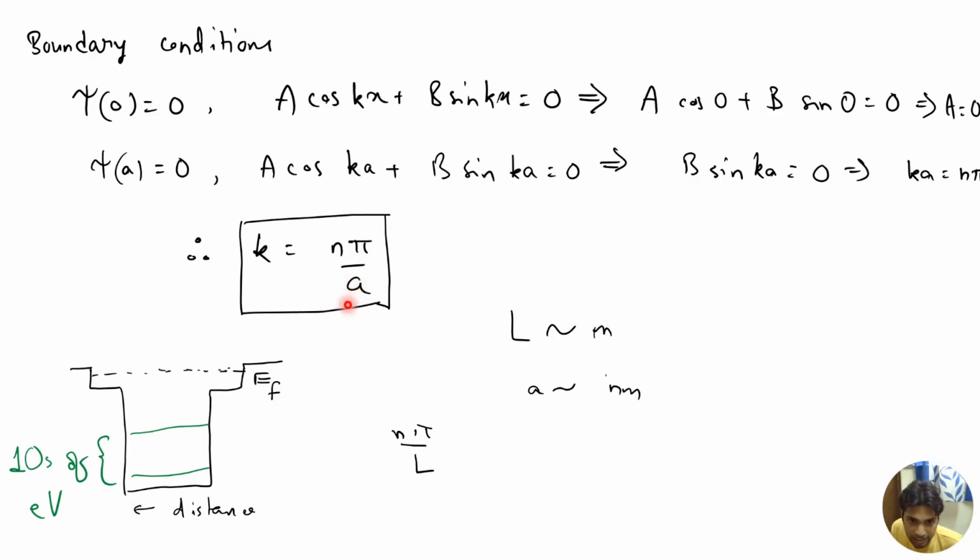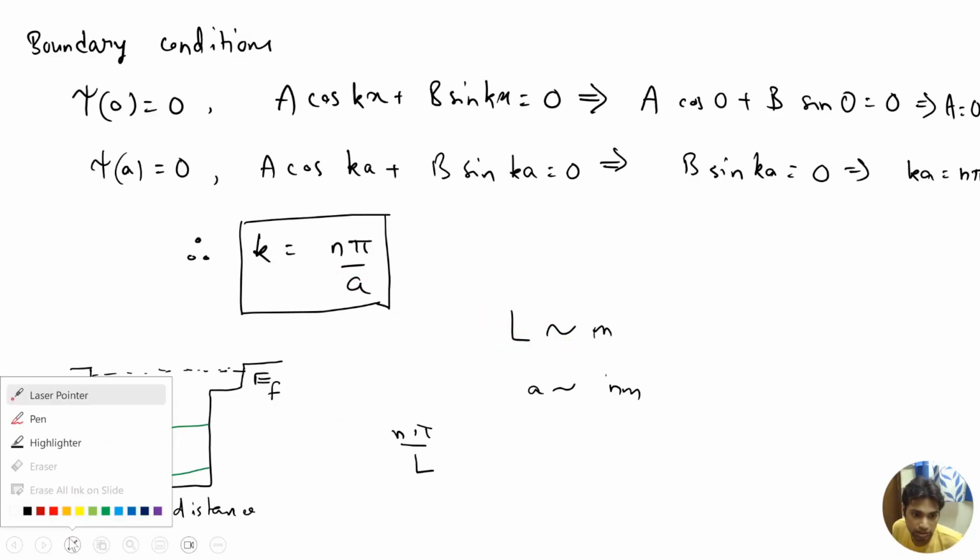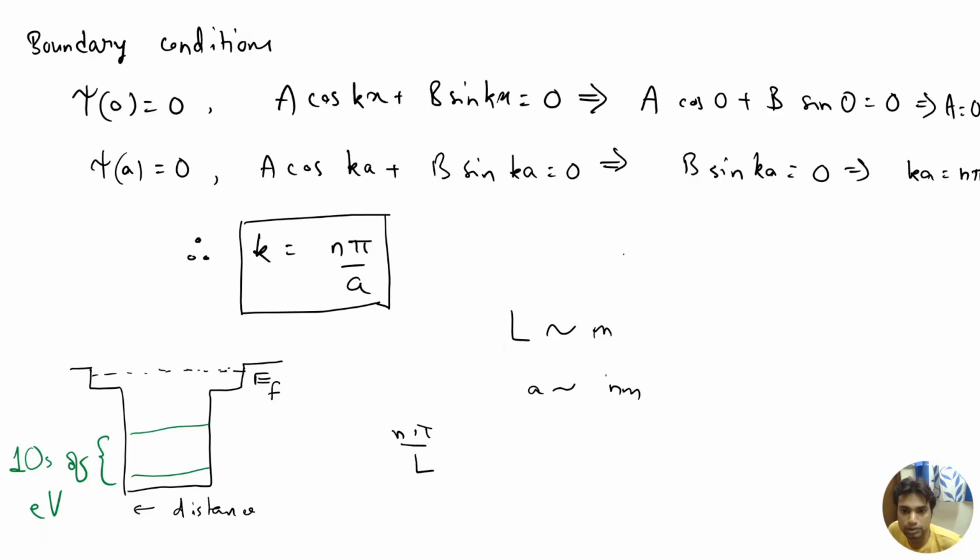Now remember that this a is of the order of few angstroms, and this k, as we'll see later, and what is this L? L is nothing but, if you remember this potential, L starts from here to here.